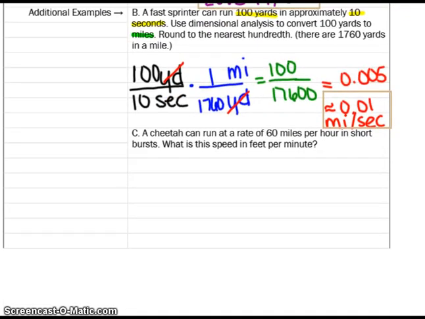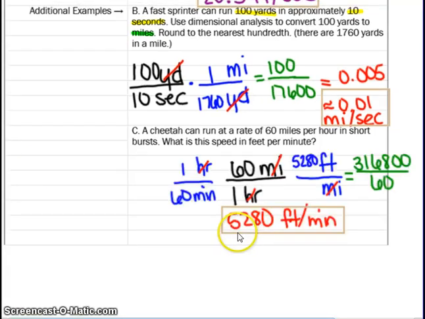All right, go ahead and pause the video and try letter C. Alright, so I set it up in the middle because I knew that I was converting both miles into feet and hours into minutes. I worked this way with miles and made sure they were diagonal from each other so that they would cancel. And I knew that there were 5,280 feet in 1 mile.